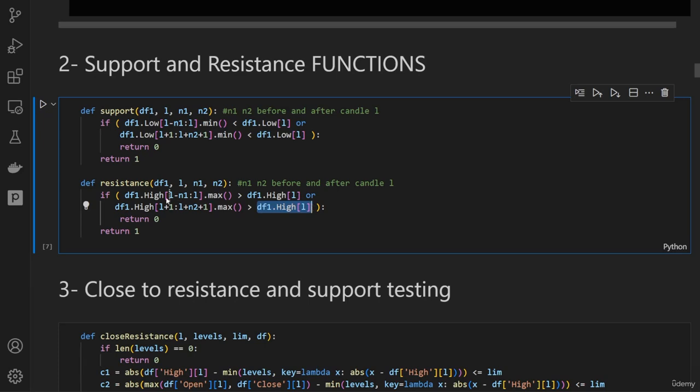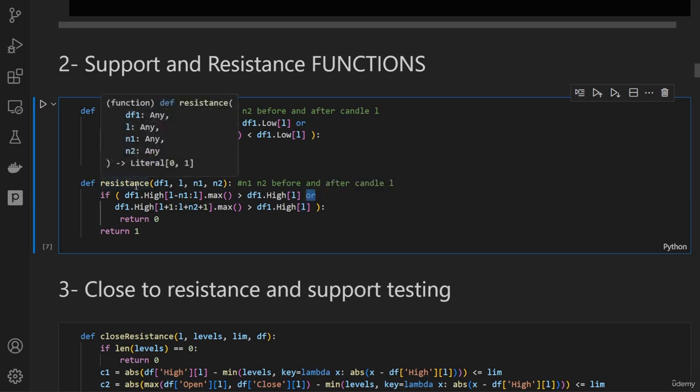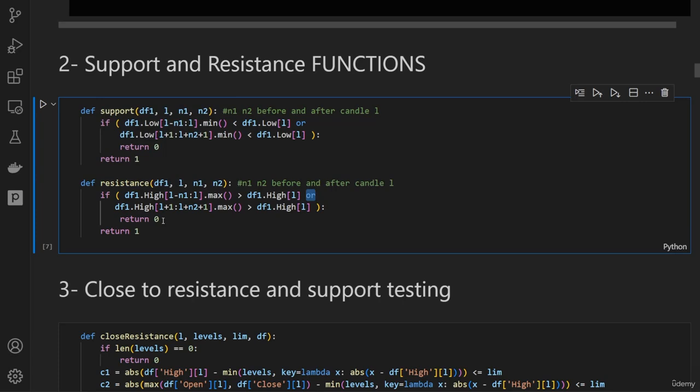If any of these conditions is verified, this is why we have the OR here, it means that the current candle doesn't hold the maximum price among these neighbors on the left and on the right. And this is why it's not a resistance level. It's not representing a resistance level. This is why we return 0. In any other case, it's showing resistance and we return 1.